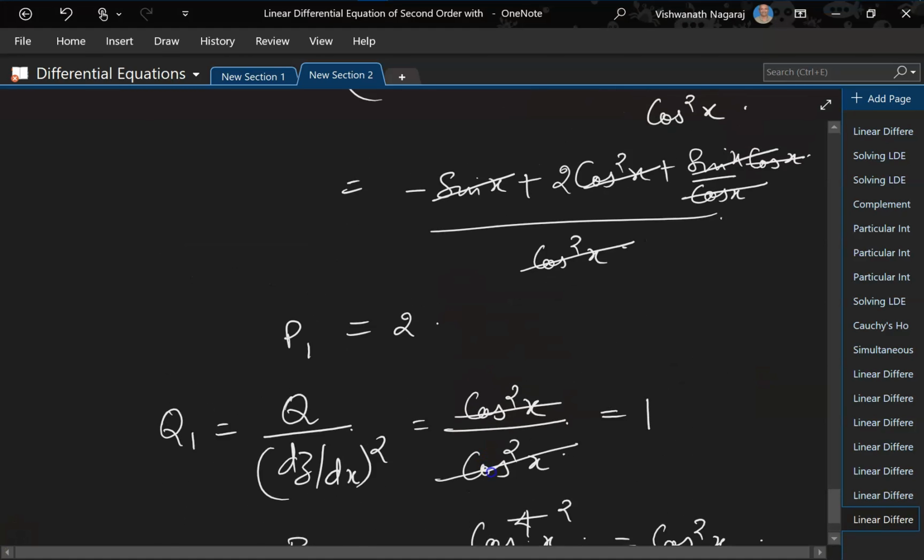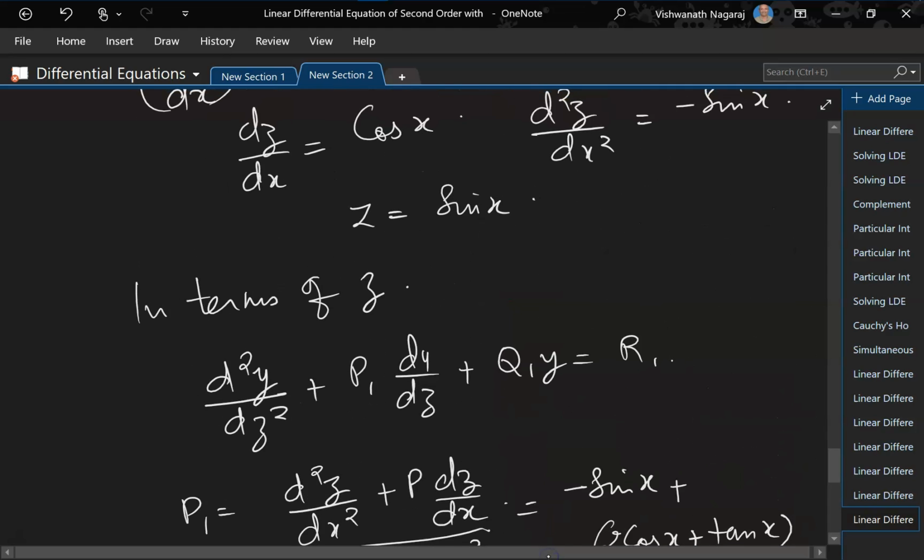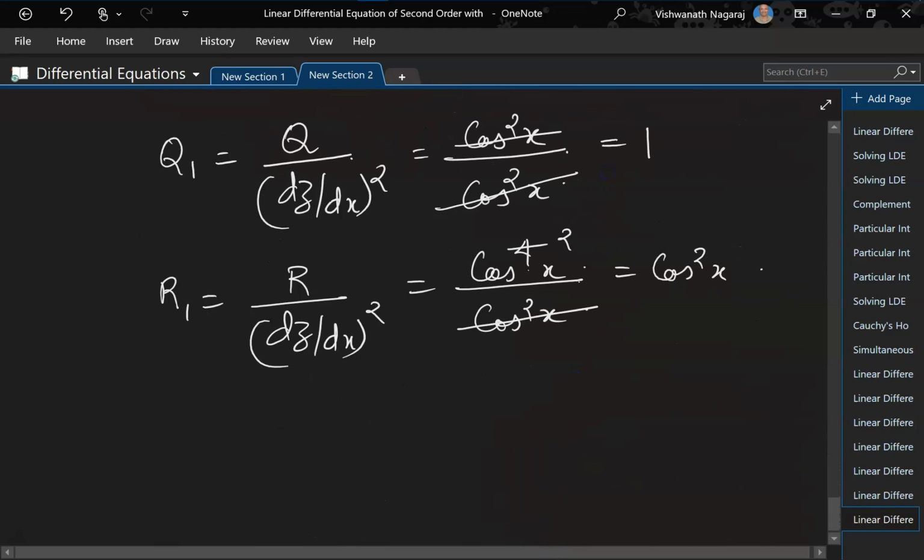Now if you look at our z, z is sin x. So if this cos² x can also be written in terms of z, that would be great. So cos² x can be written as 1 minus sin² x, which means it can be written as 1 minus z².